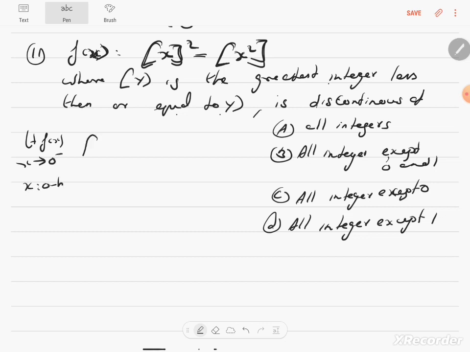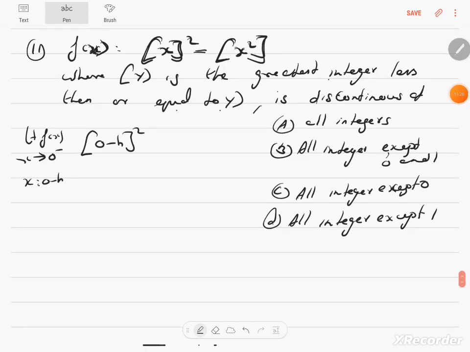So in that case, this will be the greatest integer function of (0 minus h) the whole square, minus the greatest integer function of (0 minus h) the whole square.